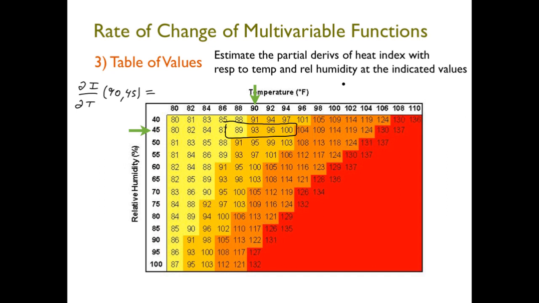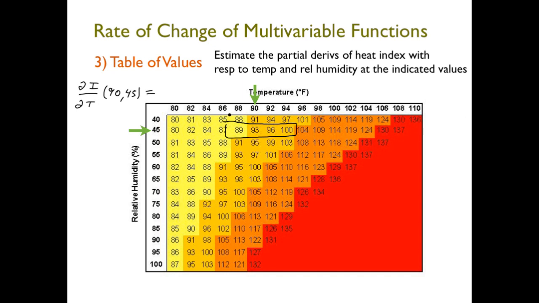So we have to figure out what's the rate of change of heat index with respect to temperature. So we're going to look at changes and how are we going to calculate the rate of change? Yeah, right.